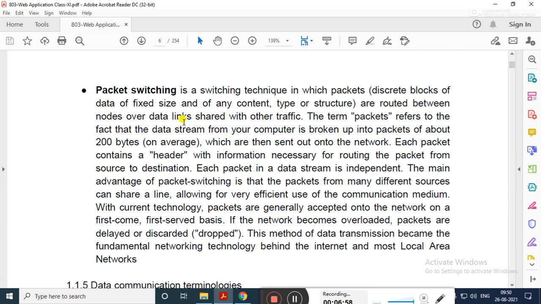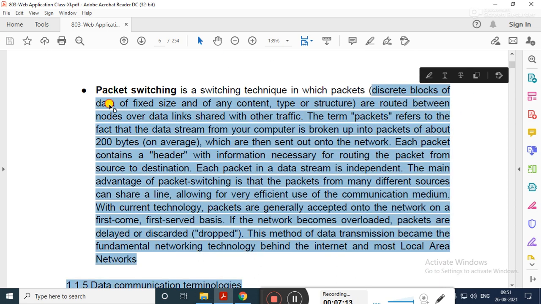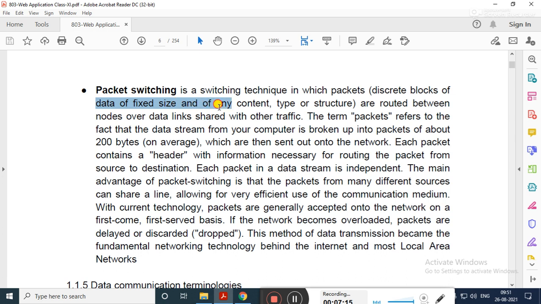What is packet switching? Packet switching is a switching technique in which packets are routed. What are the packets here? A block of data of fixed size and of any content type or structure. A packet is basically an information packet.